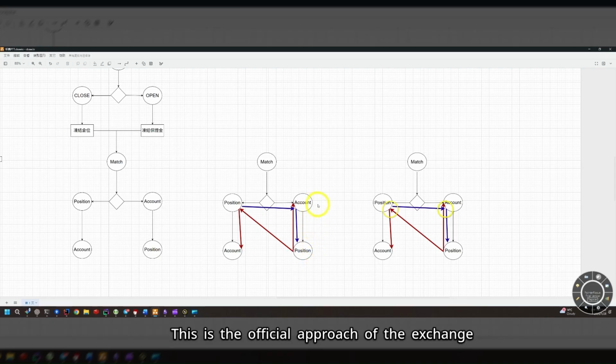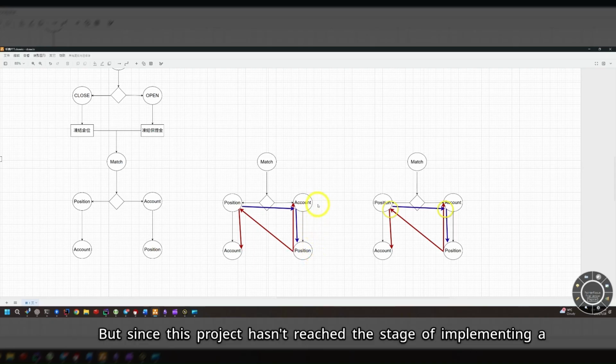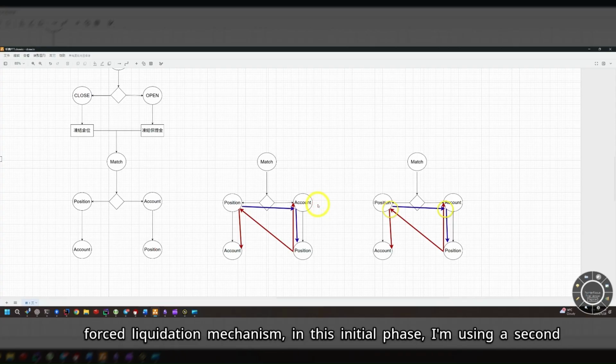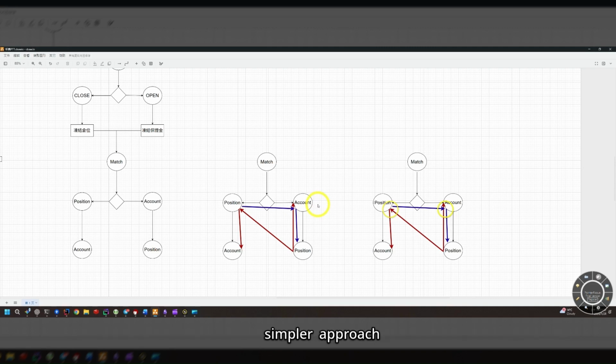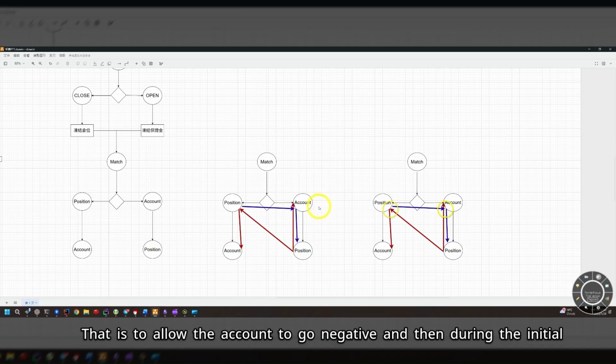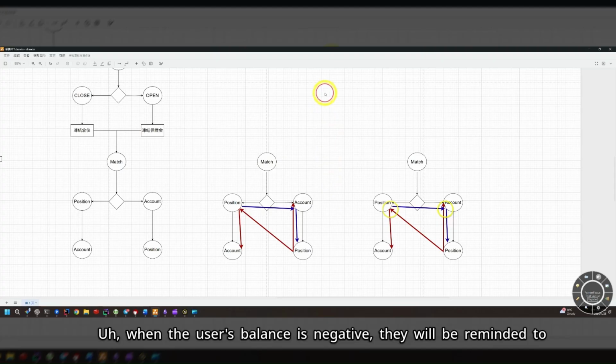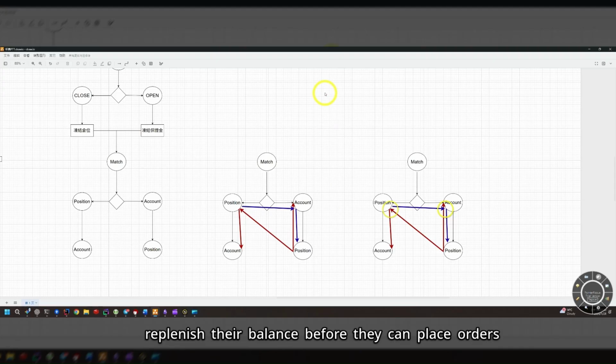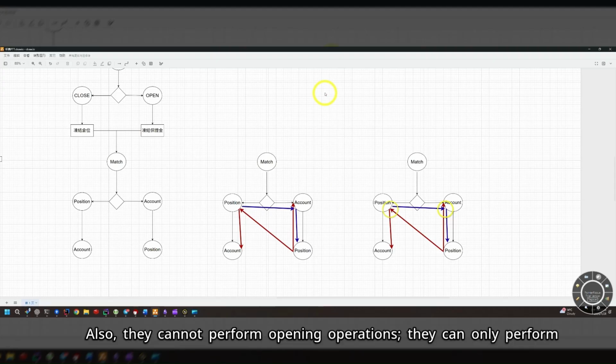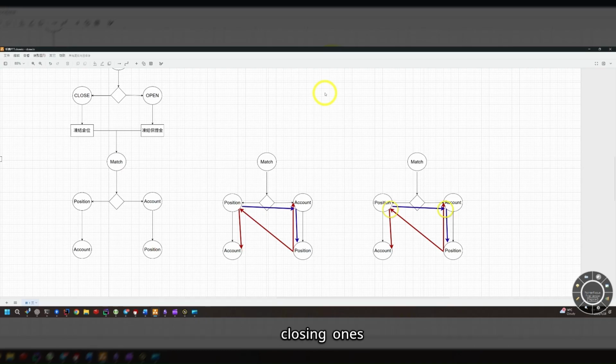This is the official approach of the exchange. But since this project hasn't reached the stage of implementing a forced liquidation mechanism, in this initial phase, I'm using a second, simpler approach. That is to allow the account to go negative, and then during the initial risk control check, when the user's balance is negative, they will be reminded to replenish their balance before they can place orders. Also, they cannot perform opening operations. They can only perform closing ones.